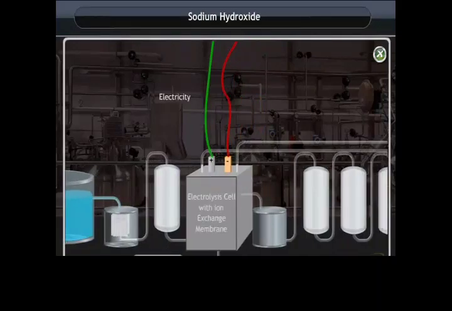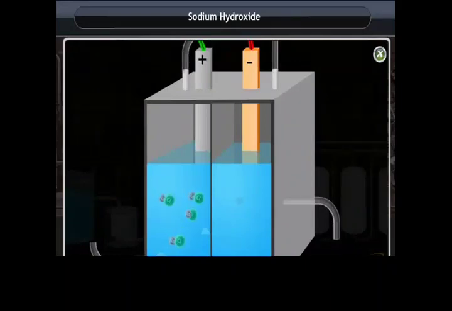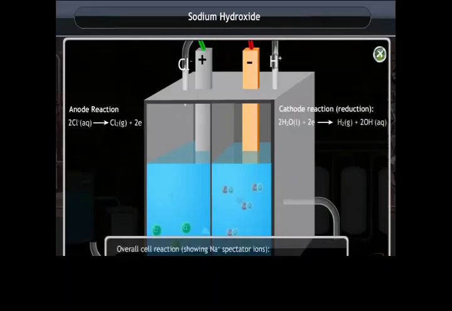When electricity is passed through an aqueous solution of sodium chloride called brine, it decomposes to form sodium hydroxide. Saturated brine enters the anode compartment where chlorine gas is produced. Chlorine gas is given off at the anode and hydrogen gas at the cathode.